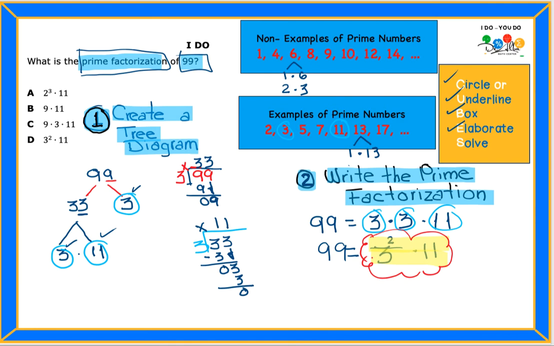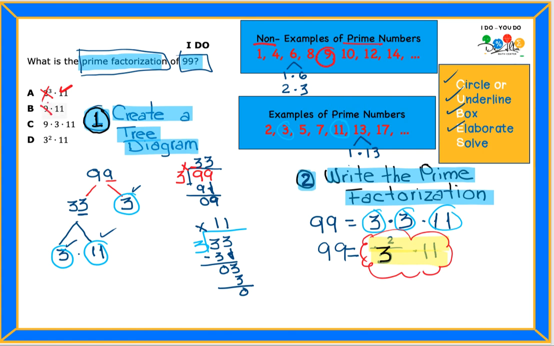And I'm going to look at the answer choices. The first one has 2 to the power of 3, but we have 3 to the power of 2, so it's not working. The 11 is okay, but the 2 needs to work. Then here we have a 9, and I don't have a 9. I need to have 3 to the power of 2, because 9 is non-prime.